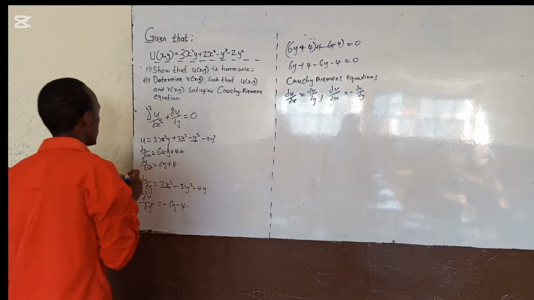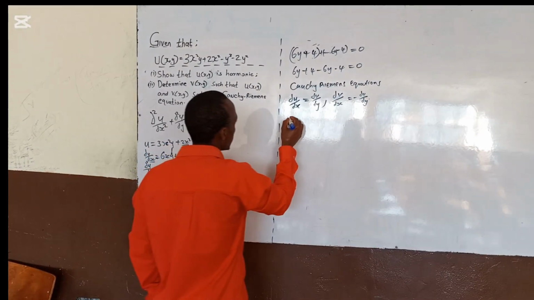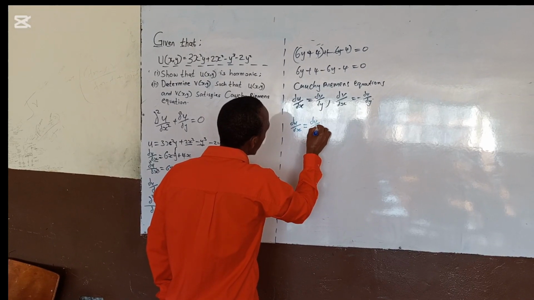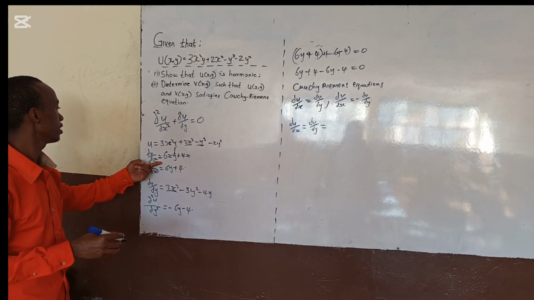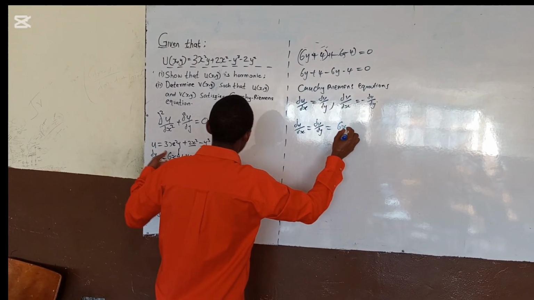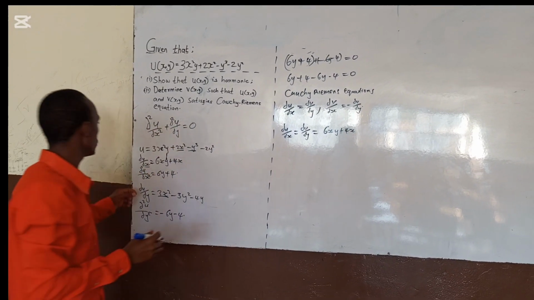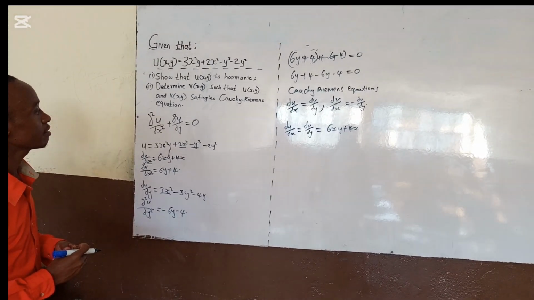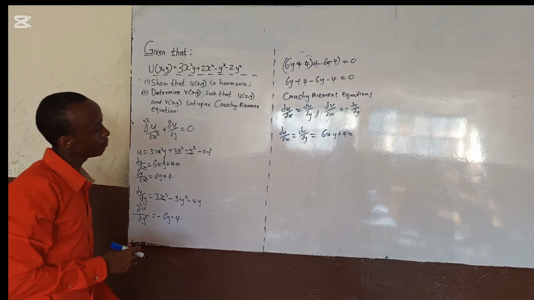So we have du/dx equals dv/dy, which gives us 6xy plus 4x.